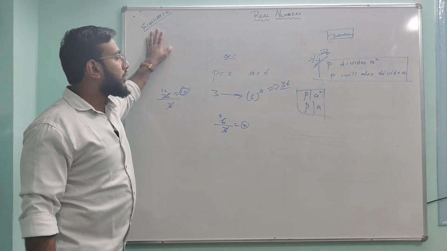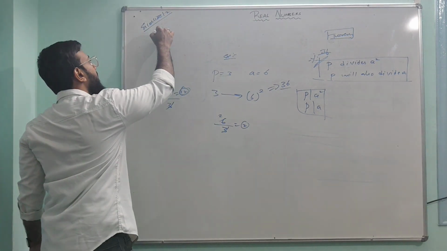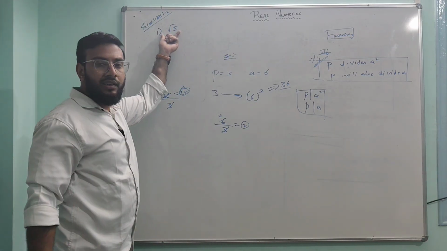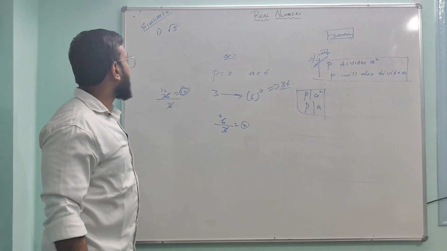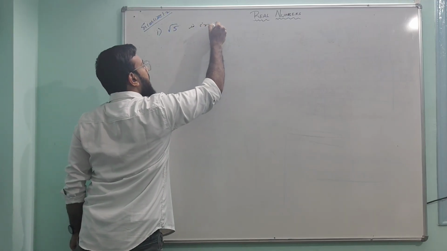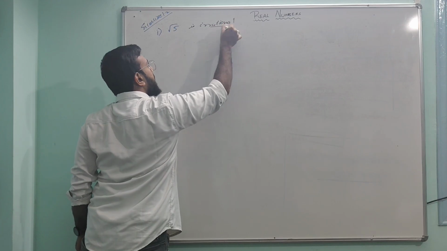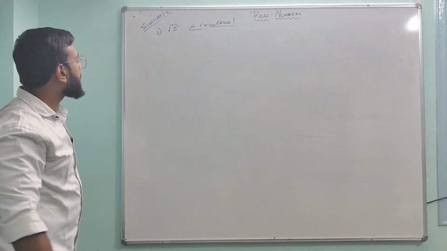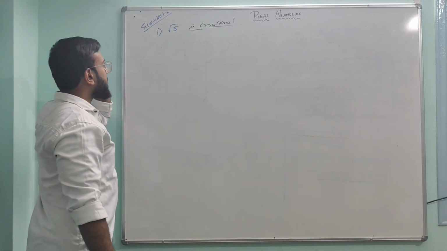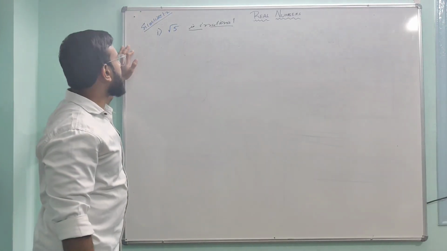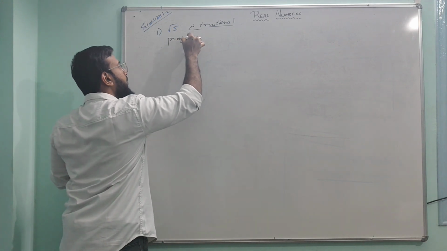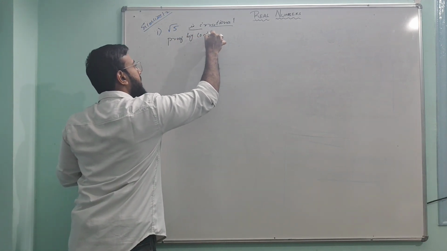Okay, we'll quickly move to question number 1, which is root 5. Prove root 5 is an irrational number. To prove this number irrational, we'll go with the contradiction method. Proof by contradiction.